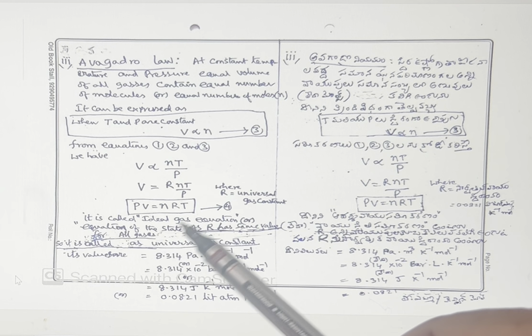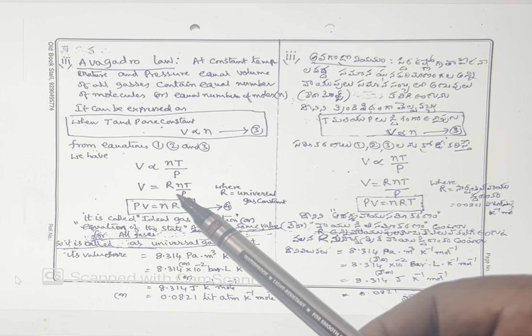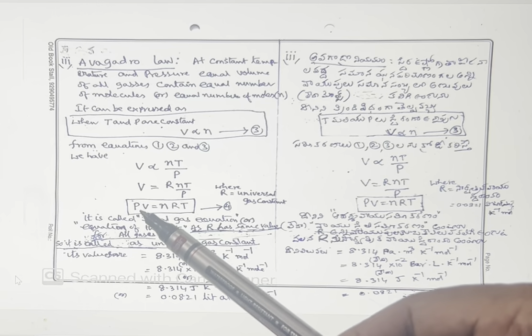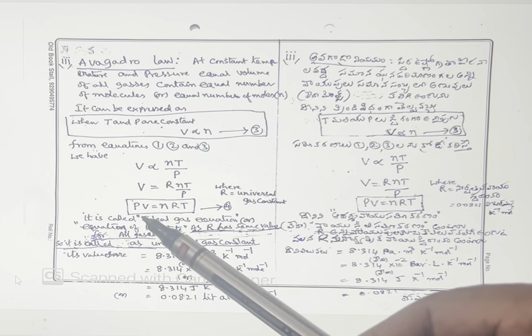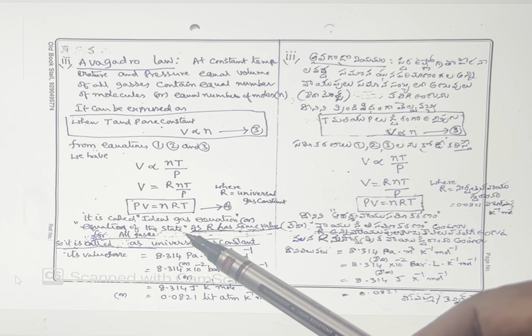So it is called the ideal gas equation. With P sent to the other side, PV is equal to nRT. This is called the ideal gas equation or the equation of state.